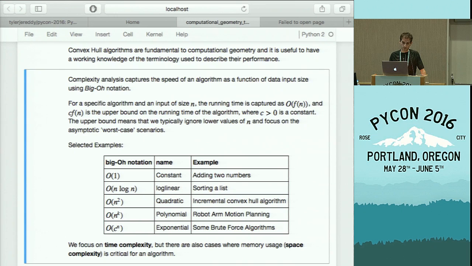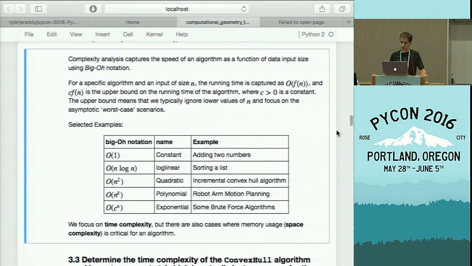There are probably people in this room who know a lot more about this than I do. I'm a biochemist, but the short and fundamental concept is that you use big O notation. We have this big letter O here in the table, and after that in parentheses you put a function which defines how much extra time is required as you add more data points.